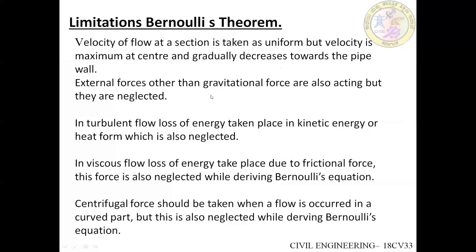Also, in the assumptions we considered that no forces other than the gravitational force act on the fluid element. That is also a limitation, because there are other forces acting on the fluid element which are neglected.